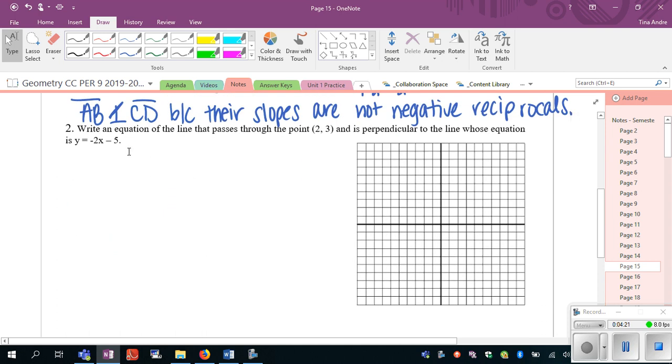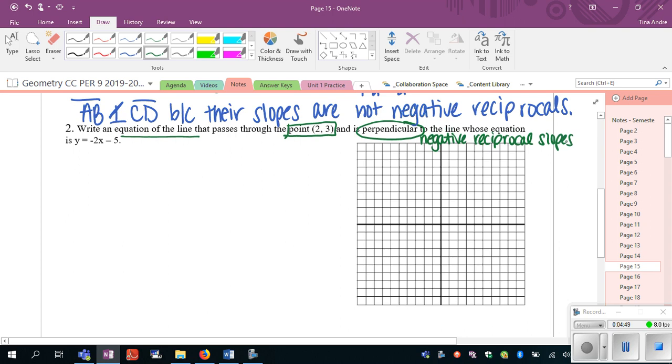So number 2 and 3 are just like what we did with parallel lines, but now the only difference is we're going to write an equation with perpendicular lines. So our goal is to write an equation that passes through this point, so we know the point, and it has to be perpendicular to this equation. So the perpendicular is going to tell us that we have to use negative reciprocal slopes.